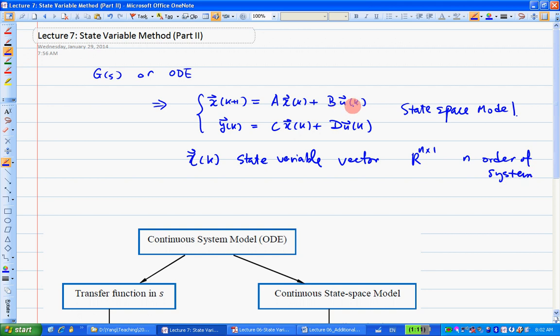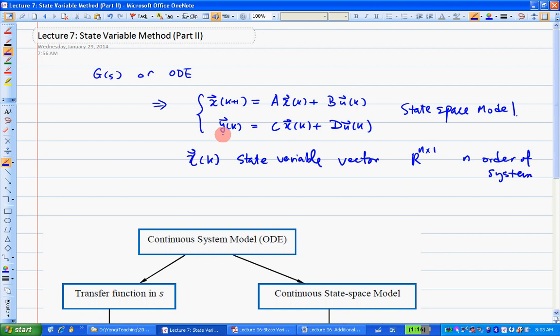And u is the system input. We use a vector here, meaning we could have multiple inputs to the system. If your system is single input, single output, then there's no vector, just a u of k, which is what we're going to deal with in this class. Once you have the state variables, you have the output y, which is the system output.